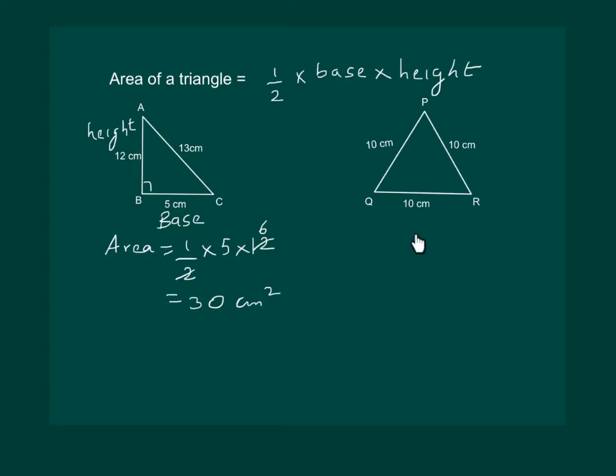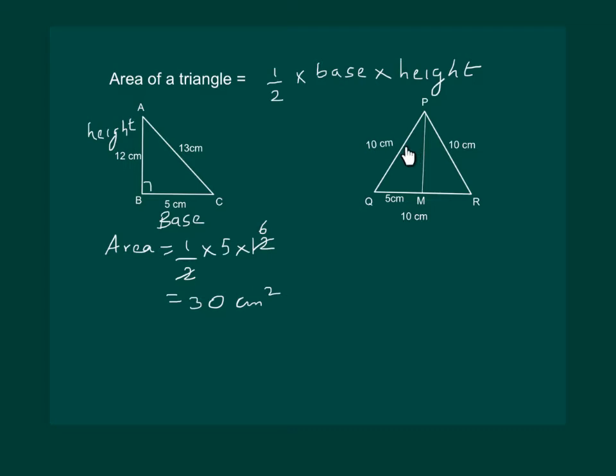Now suppose we want to find the area of an equilateral triangle whose each side is 10 centimeters long. To find the area, we need height. So to find the height, what we can do is mark the midpoint of line QR as M and join PM.